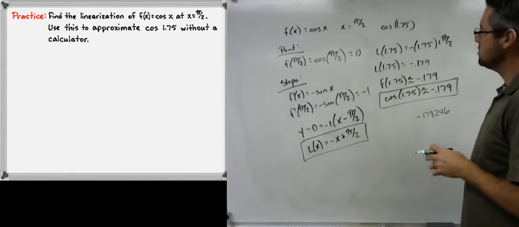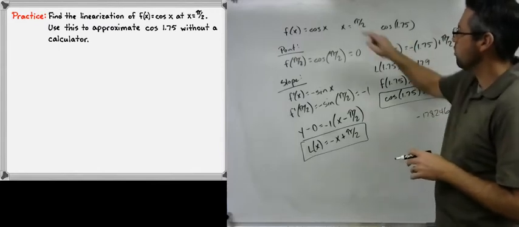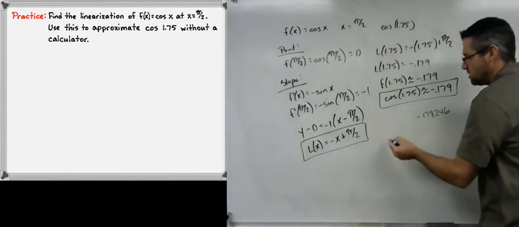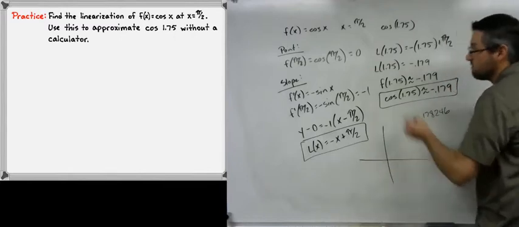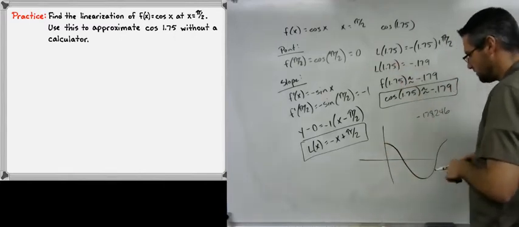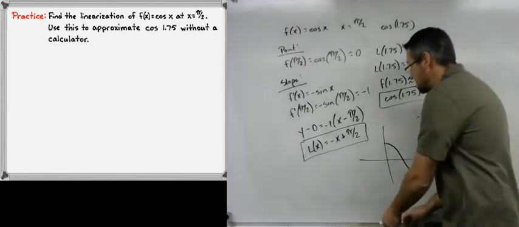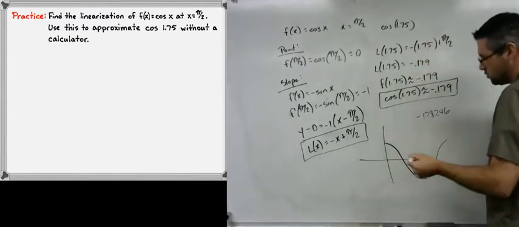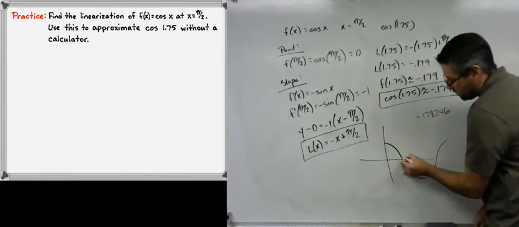I think it has to do with how far off we were from the point of tangency. What I mean by that is, if I look at cosine of x, it does something like this, and we found the tangent line at pi over 2.